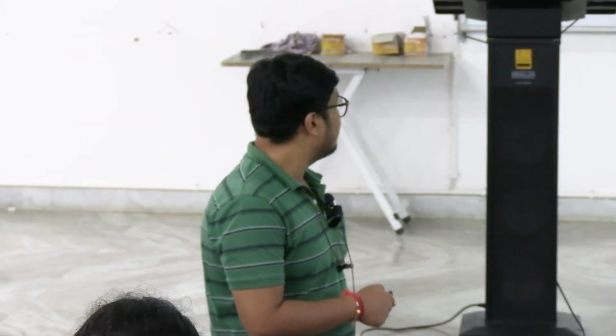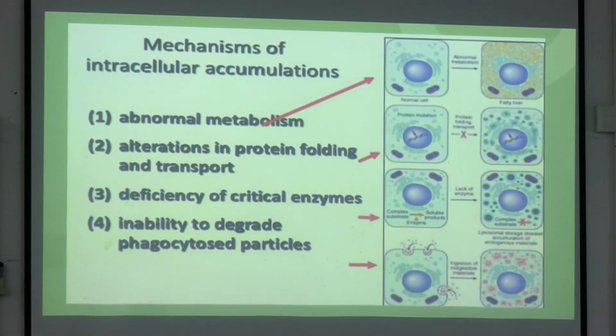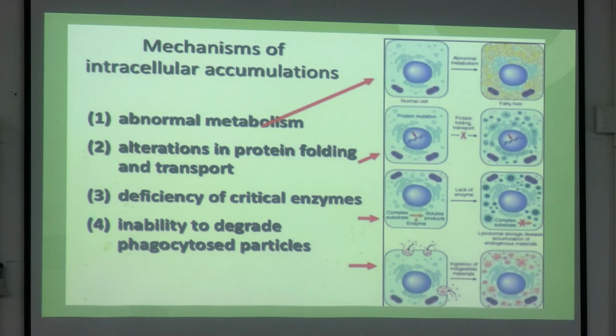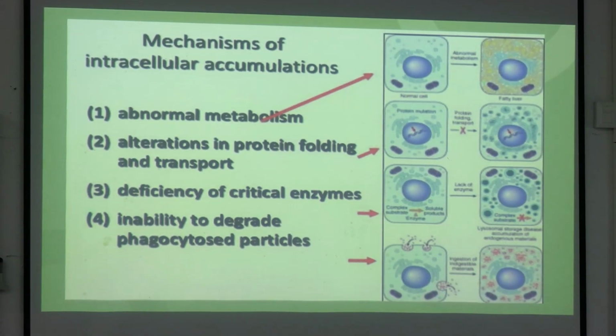So what are the mechanisms of intracellular accumulation? Why is normal cellular metabolism deranged, and instead of washing out the byproducts of cellular metabolism, why do they tend to accumulate within the cell?